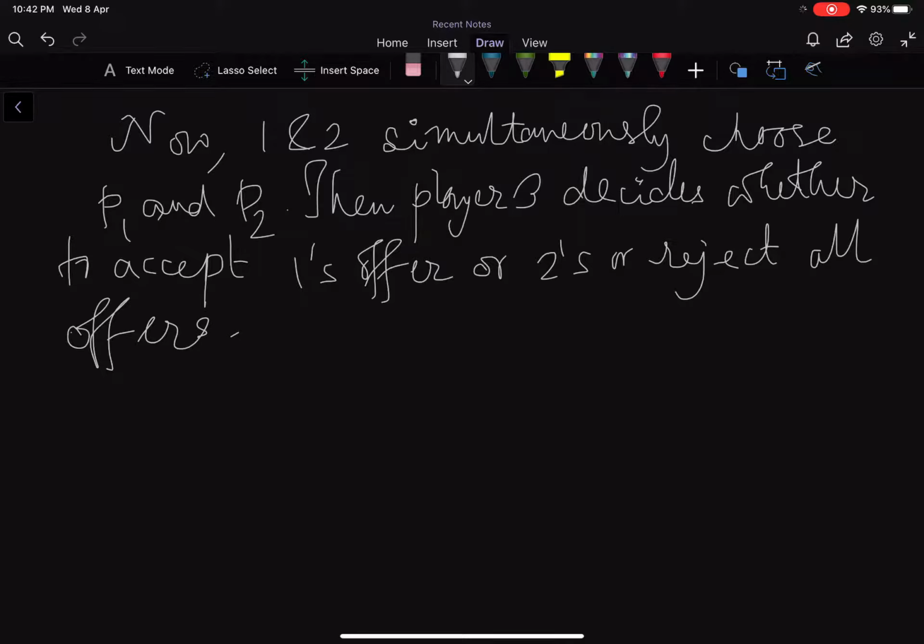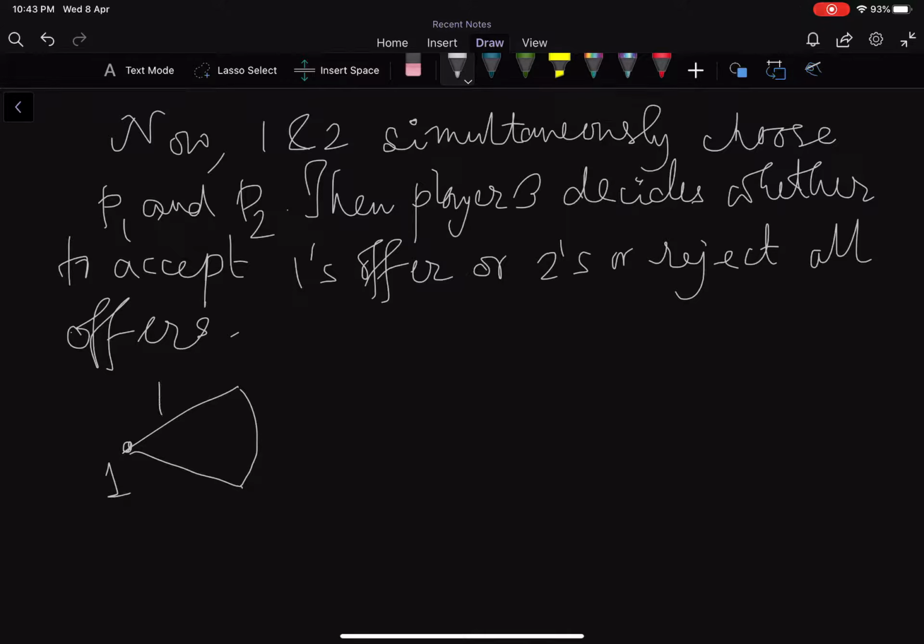So now I'm making 1 and 2's offers simultaneous. Previously 1 and 2 offered sequentially, and after each offer player 3 could say yes or no. Now player 3 decides simultaneously, so both 1 and 2 make their offer, and player 3 makes a decision whether to accept 1's deal or 2's deal or reject both. Let me write down the extensive form expression.